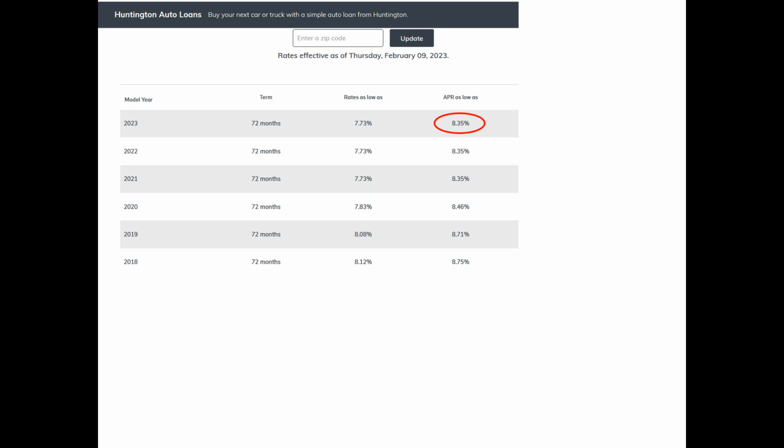We talked about default as one of the main risks in lending. That is the risk that you're not going to pay back the loan, or if you're the bank, the risk that the person who borrowed the money isn't going to pay it back to you. So they view a 2015 vehicle as a more risky loan for them to make because it's more likely to break down, and then the person couldn't repay.